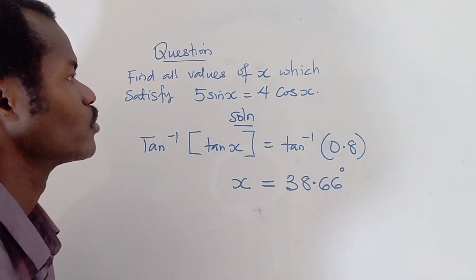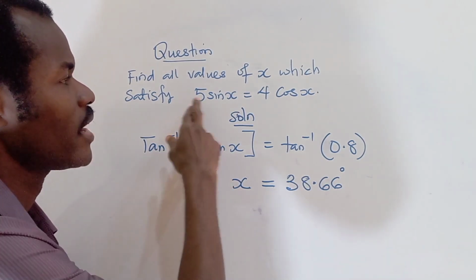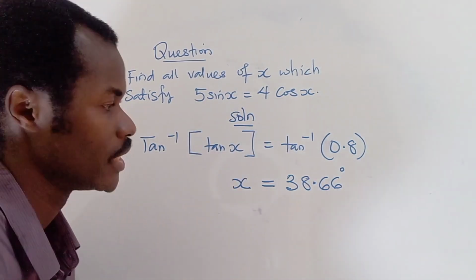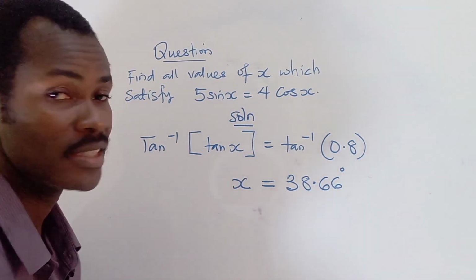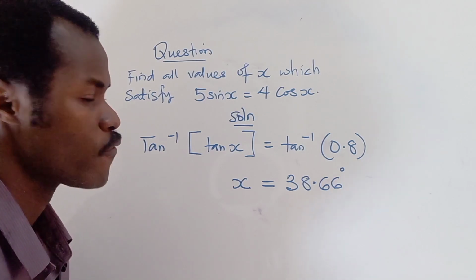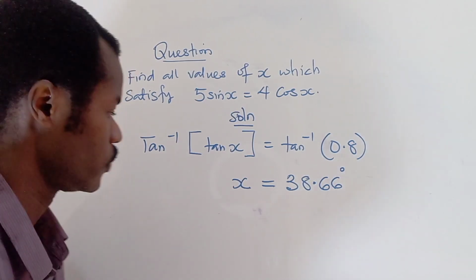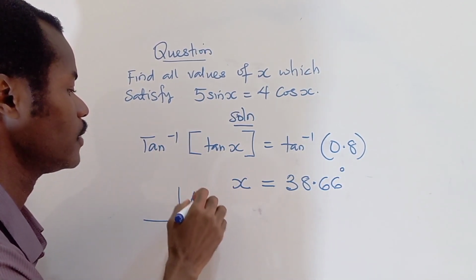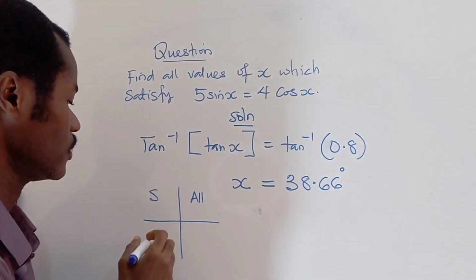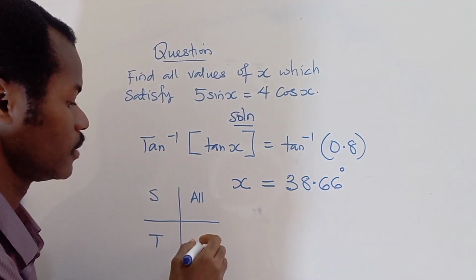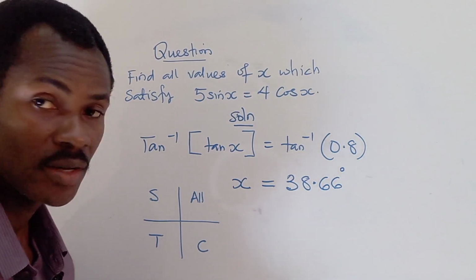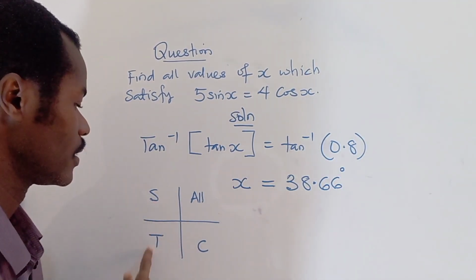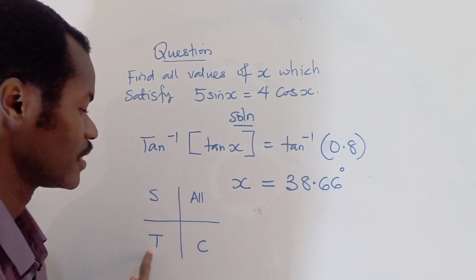So one of the values of x that satisfies this equation is 38.66 degrees. But if we follow our quadrant rule, remember your quadrant rule: All Students Take Coffee, or All Students Take Class.